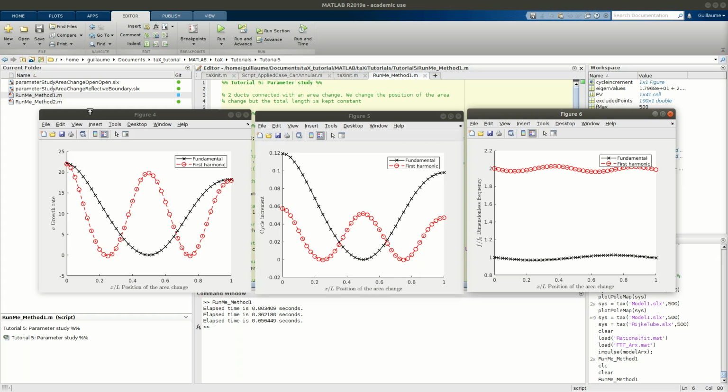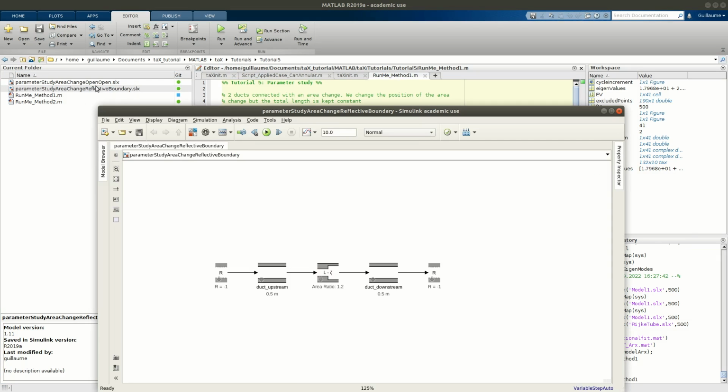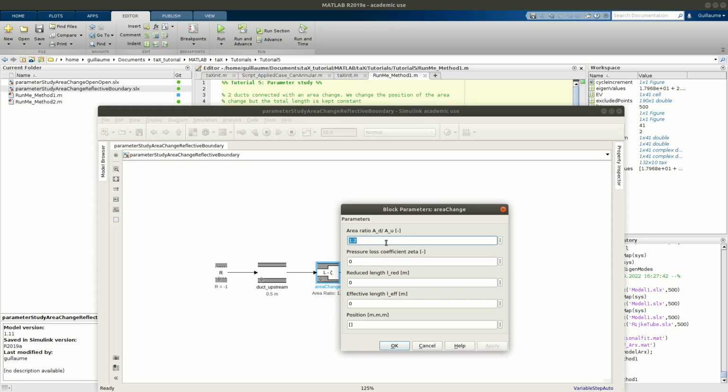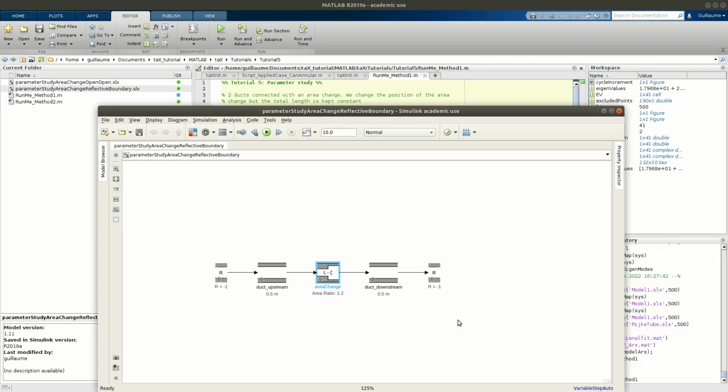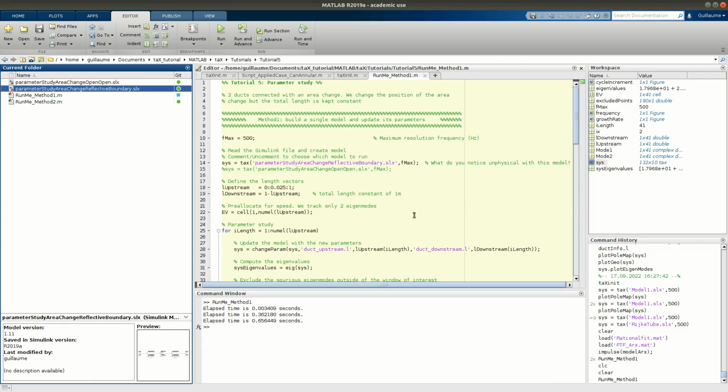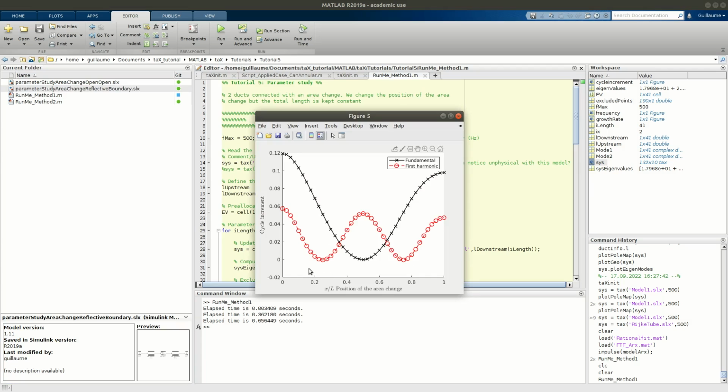And that is really strange because we have two ducts and one area change with no losses, and we have no source of energy in the system. Still, it is predicted to be unstable. How is that possible?